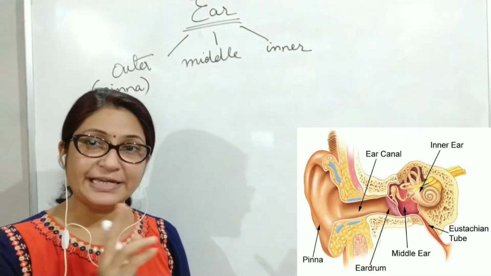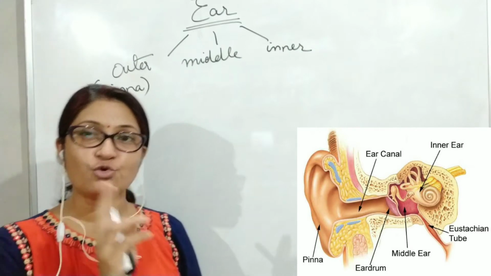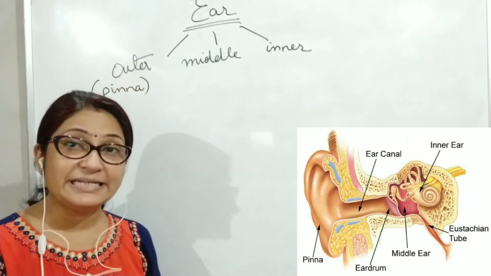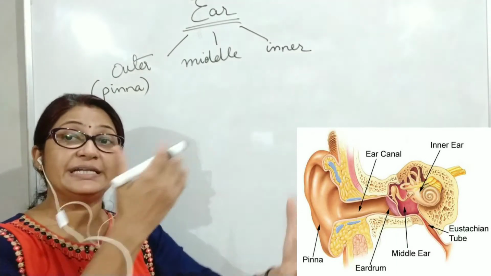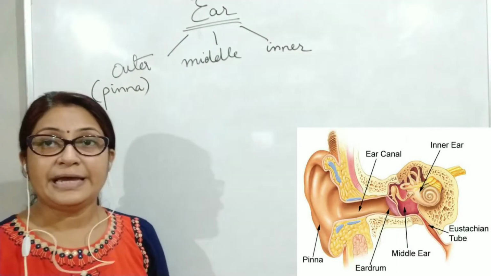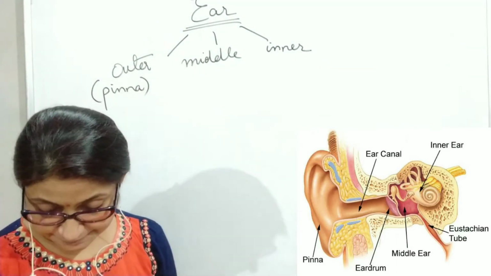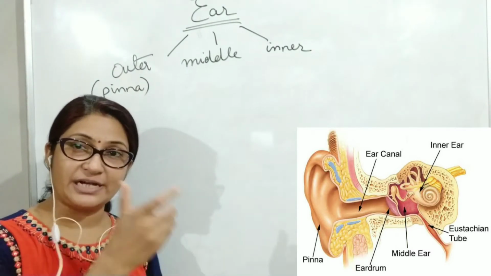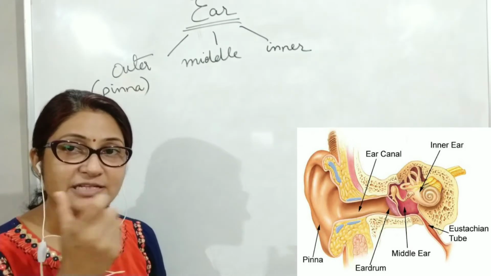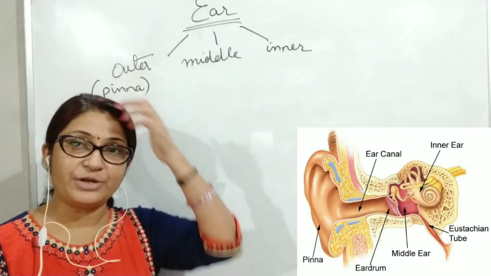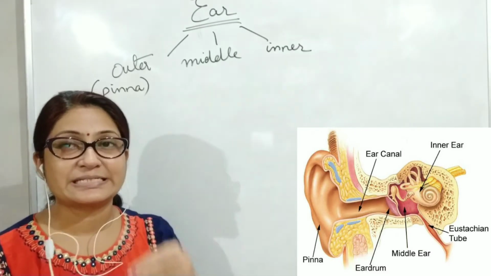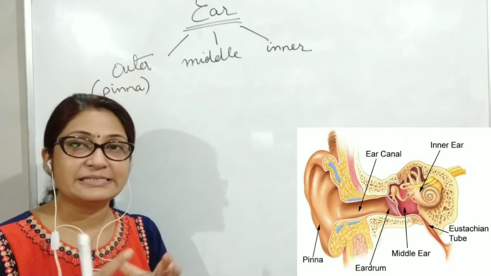That drum vibrates, meaning it moves to and fro, and then through the middle ear it reaches the inner ear, where there is a cochlea through which the sound waves travel, and then they reach the brain, and the brain identifies what kind of sound it is, or what a person is saying.